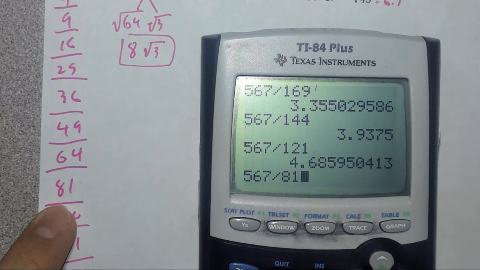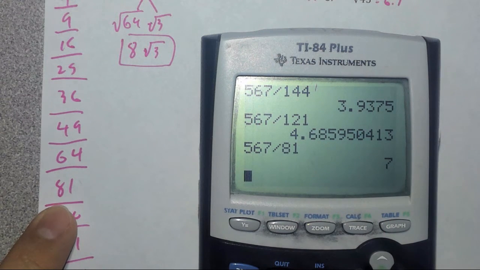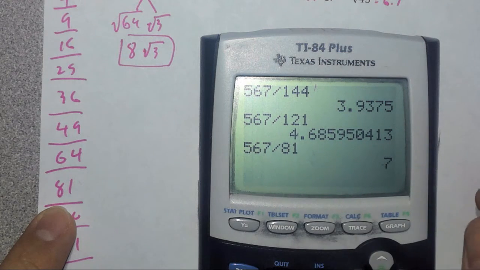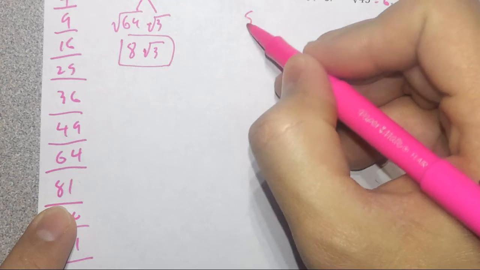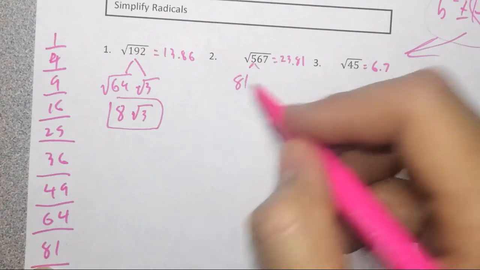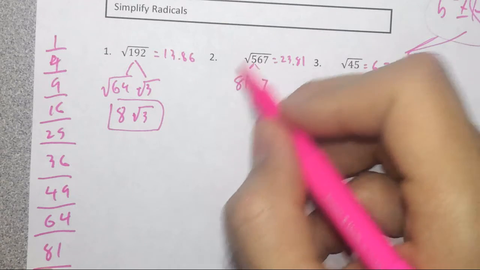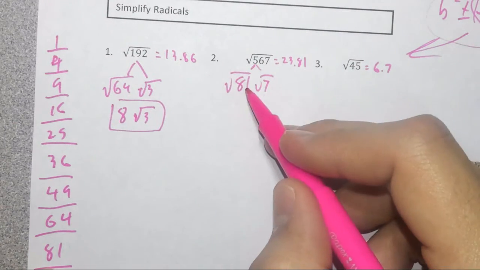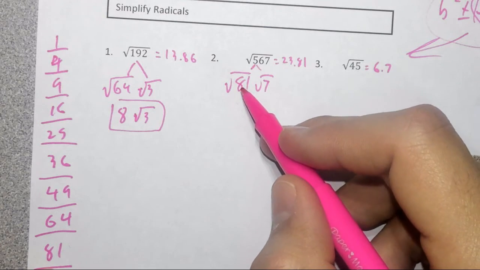Let's go with 81. That gets us 7. So 7 times 81 is 567. So 81 goes first, and 7, again under the square root. The reason we chose 81 is because it's a perfect square.